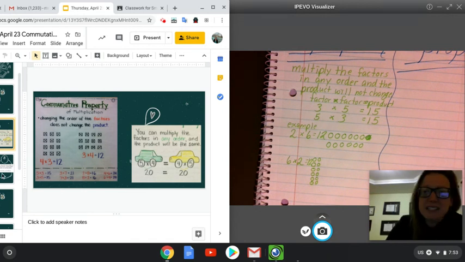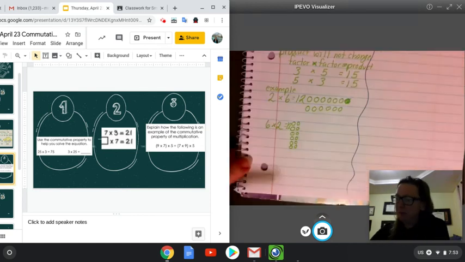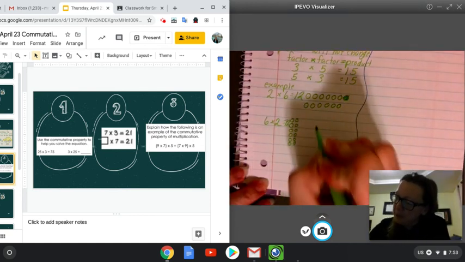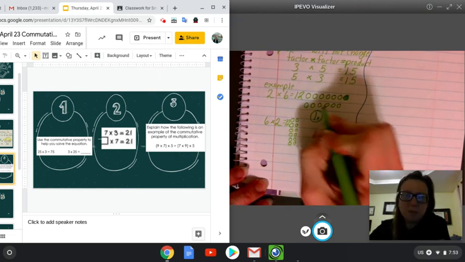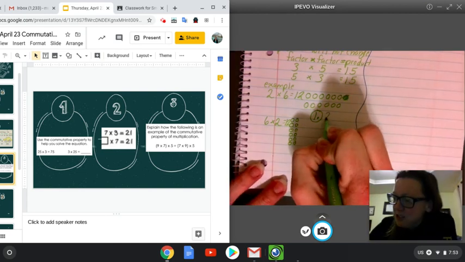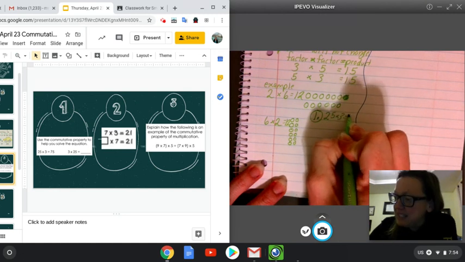So let's look at a couple of different examples. Example number 1: use the commutative property to help you solve the equation. Look at number 1. It says 25 times 3 is equal to 75.